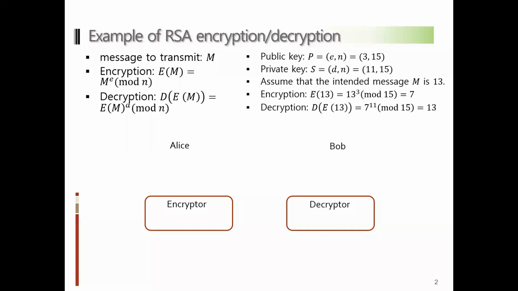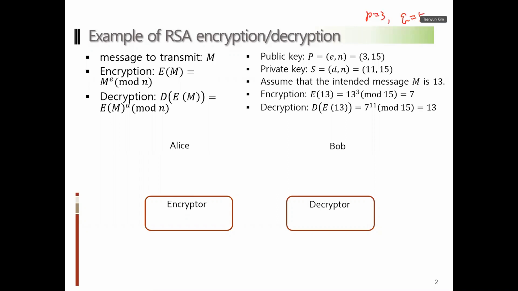When we are discussing RSA encryption or decryption, we first start with two very large prime numbers. In this example, I intentionally chose one prime number p as 3 and another prime number q as 5.